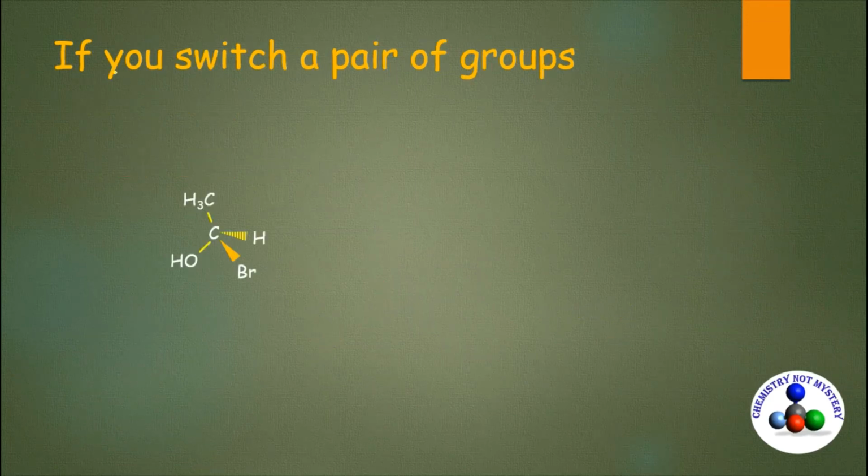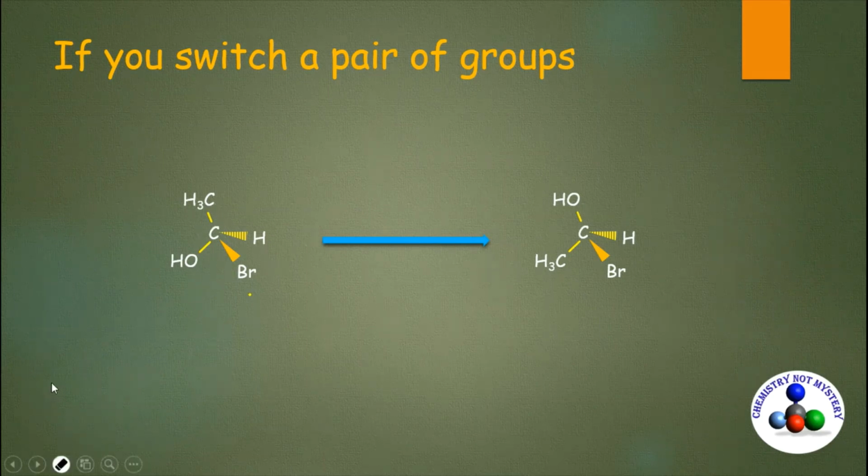What happens if you switch a pair of groups? For example, here, if we switch a pair of groups, we switched OH with methyl. So let's try to find out the configuration of both the molecules. First, rank the atoms or groups on the basis of their atomic number.